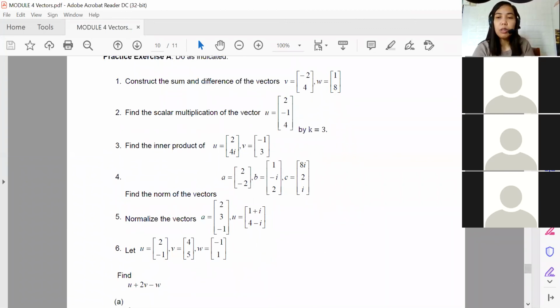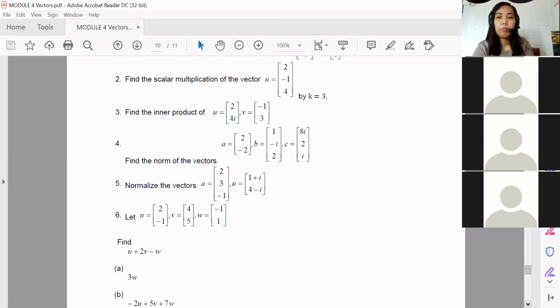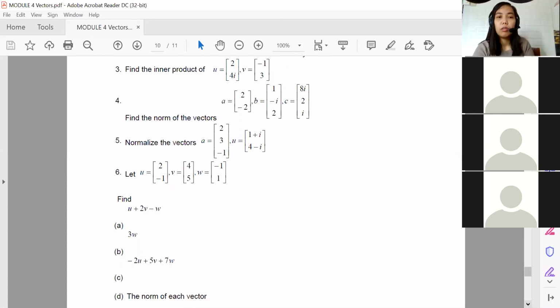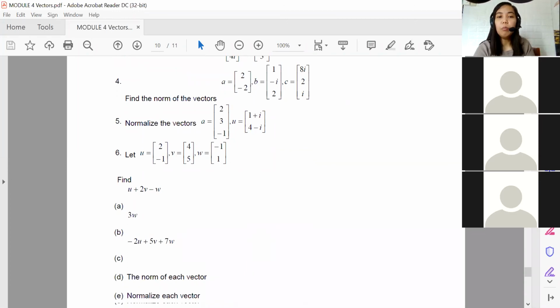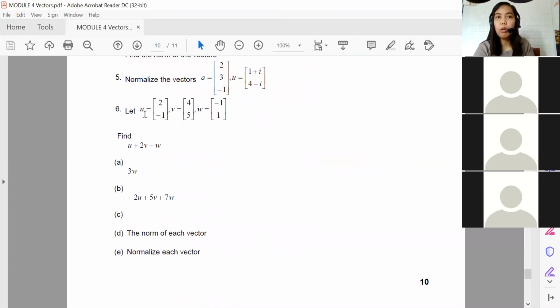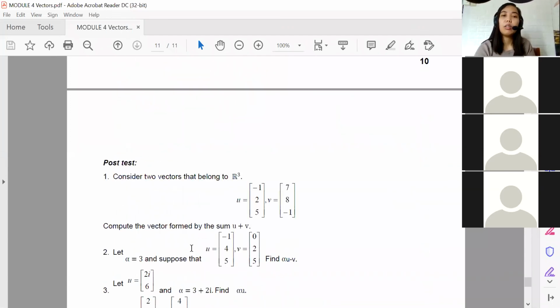And then number 6, perform the operations for A, B, and C. U plus 2V minus W for A and B, 3W, C, negative 2U plus 5V plus 7W. Then the norm of each vector, vector U, vector V, vector W. And then normalize each vector. Get the unit vector of U, unit vector of V, unit vector of W. That's it.